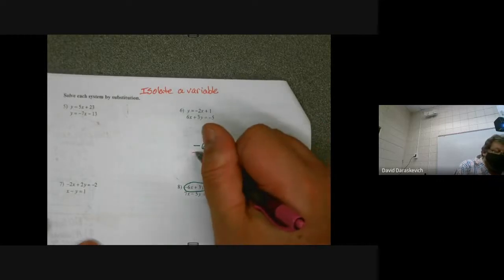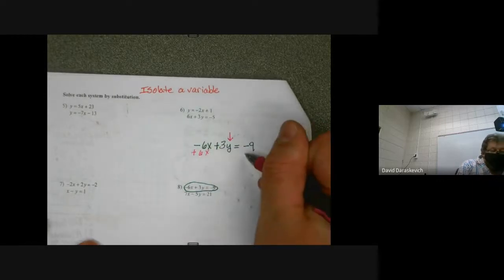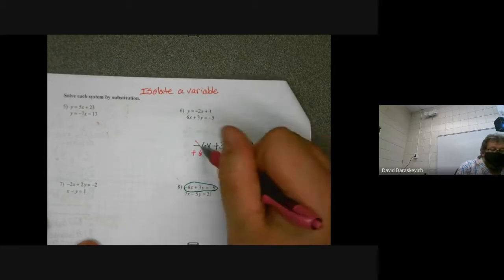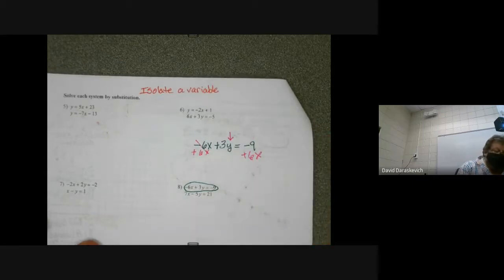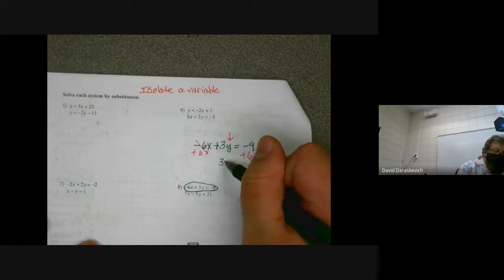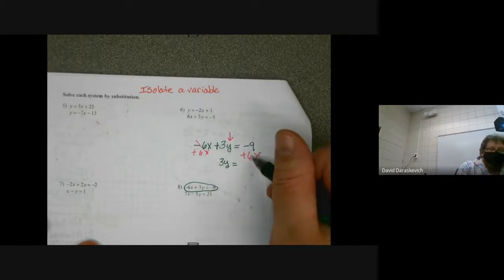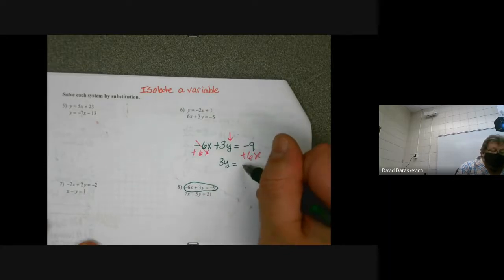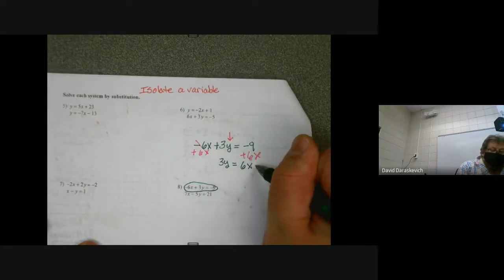So I'm going to add 6x to both sides. So that ends up to 0. Bring down my 3y. Do not, guys, do not combine these. 6x minus 9.